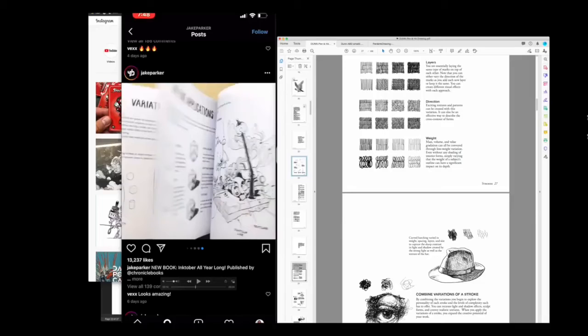Dunn explains to us subsequently, as a teacher, he's used to this concept that you have a concept and you build upon that concept, and that's how he structured his book. But Jake also teaches. I believe he's a professor at Brigham Young University.